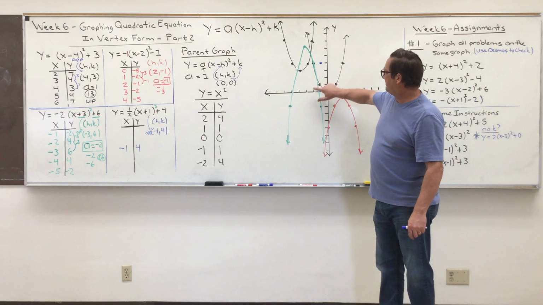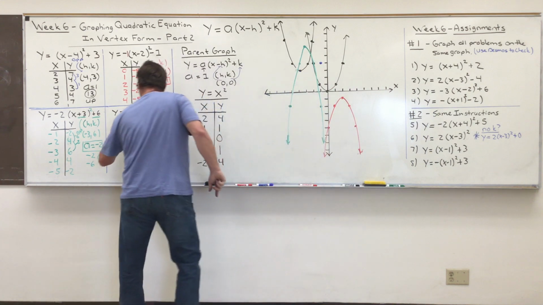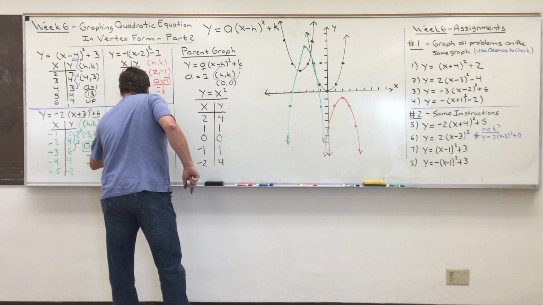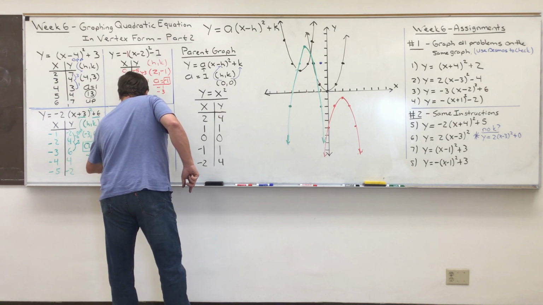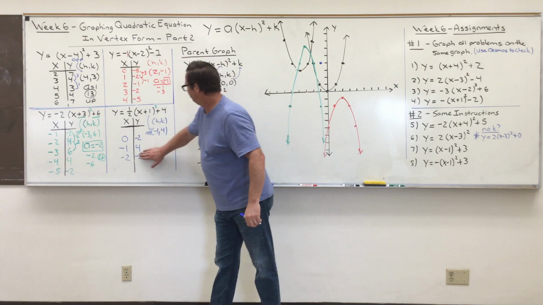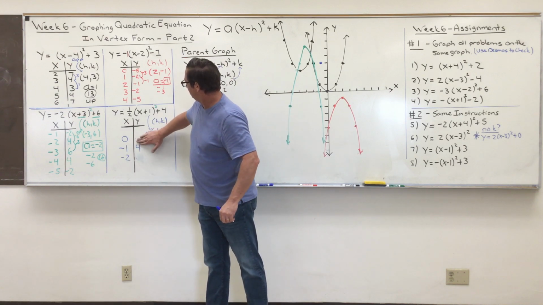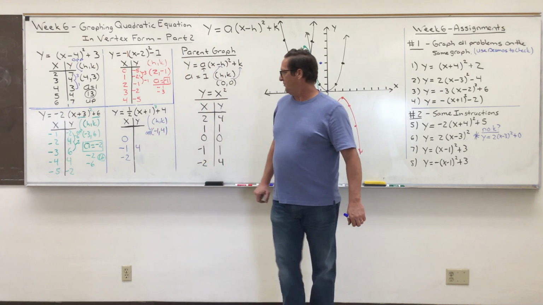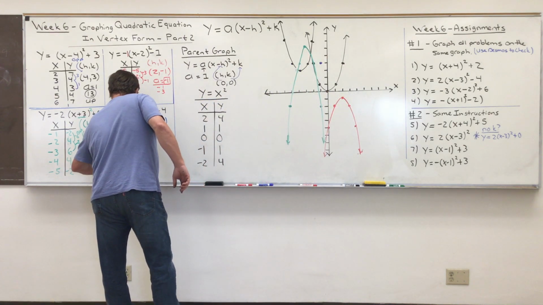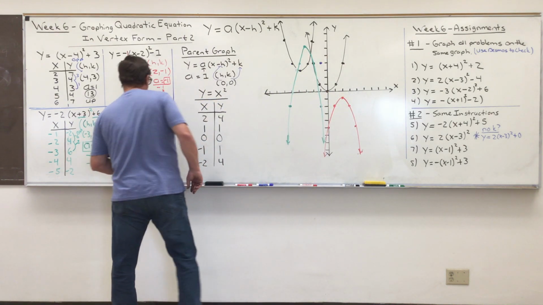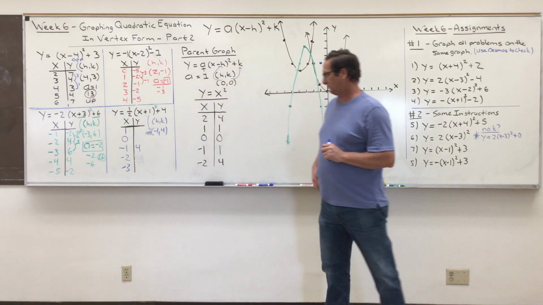So we have 0 and -2, and we have 1 and -3.